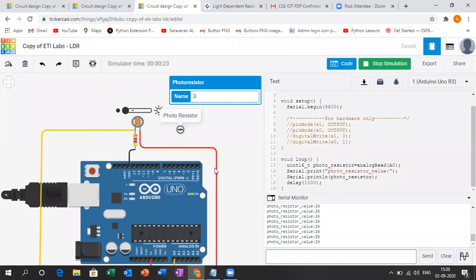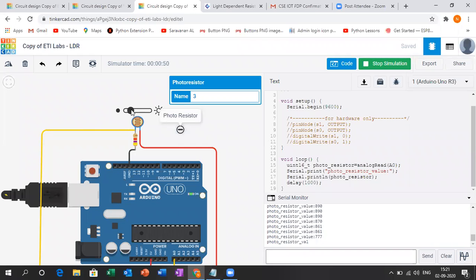That's the working, as the intensity of light increases. Now I decrease the light, and the resistance will automatically decrease. That's the main feature of LDR.